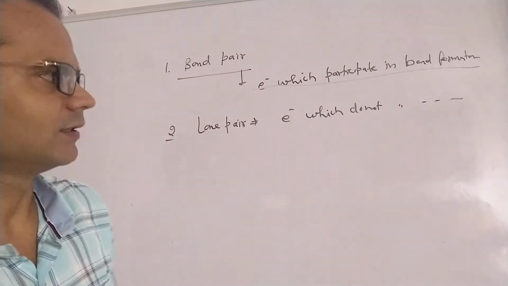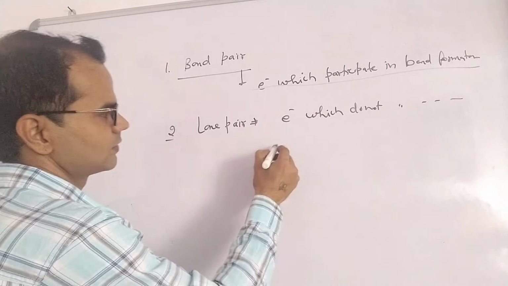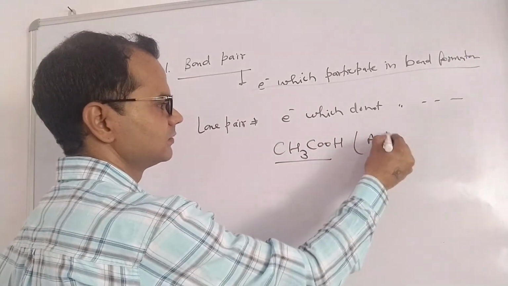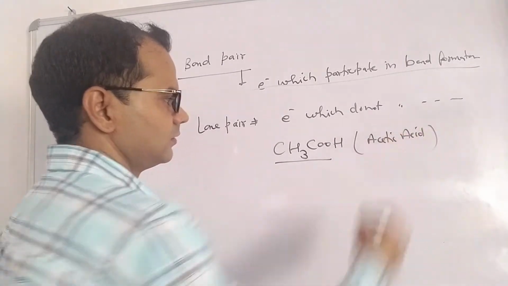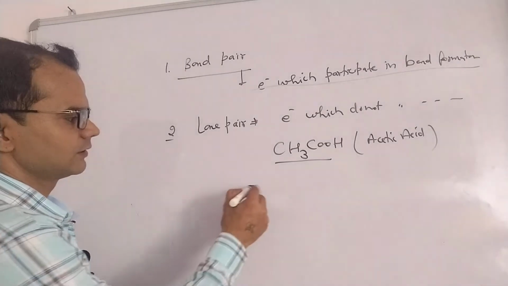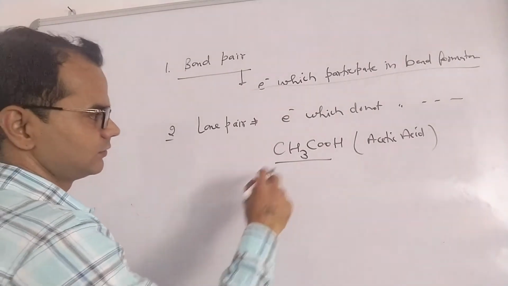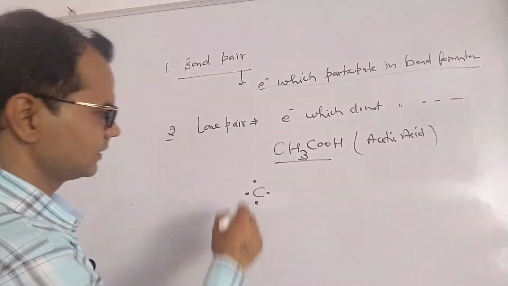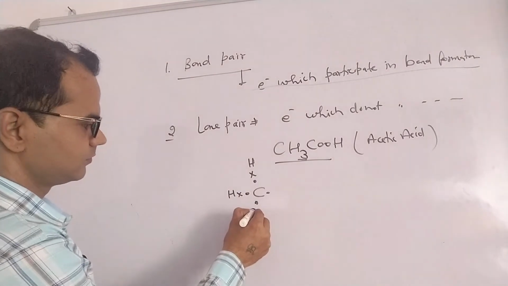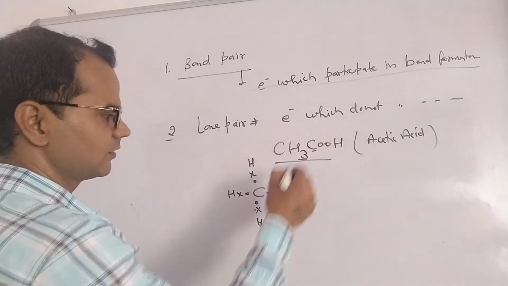Let us understand. For example, we have CH3COOH. It is acetic acid. Let me represent it in electron dot structure. We know carbon contains 4 electrons. 3 hydrogens are connected, means next atom is carbon.